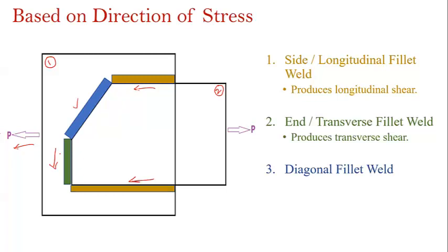Whereas the diagonal fillet weld is provided with some inclination to the load that is applied. Let's not talk about how much inclination we are going to provide. So these are the three different classifications of fillet weld based on the direction of stress.